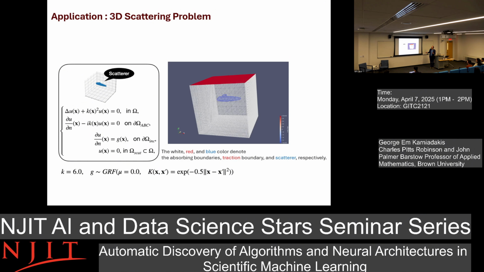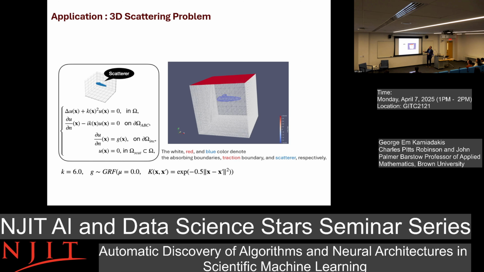It turns out that this neural operator, you can train it without any scatterer, because otherwise it defeats the purpose. Just solving this equation in a homogeneous box without any scatterer, and that's enough to give you the correction that you want. So that really saves the day.